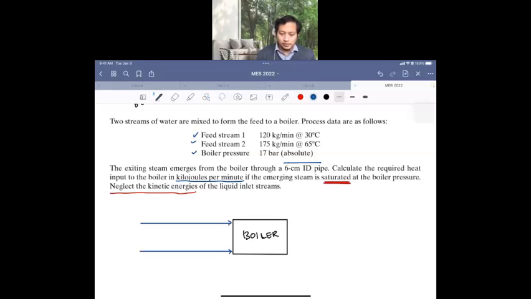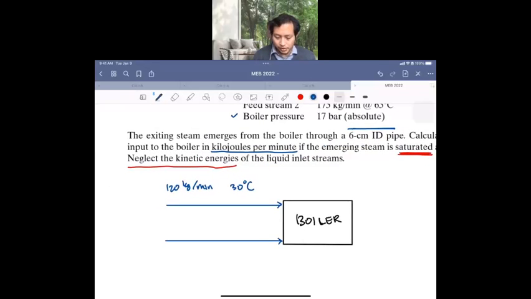For stream 1, we have 120 kilograms per minute at 30 degrees Celsius. For this temperature, we can check the enthalpy, which is 125.7 kilojoules per kilogram.